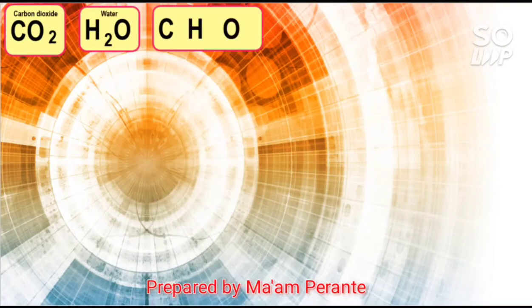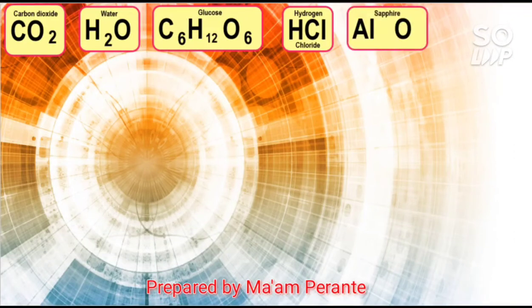And then we have C6H12O6. We have studied this in our first quarter, and that is glucose. And then HCl refers to hydrogen chloride. And then we have Al2O3, which means sapphire. And the last example is C3H8, meaning propane.